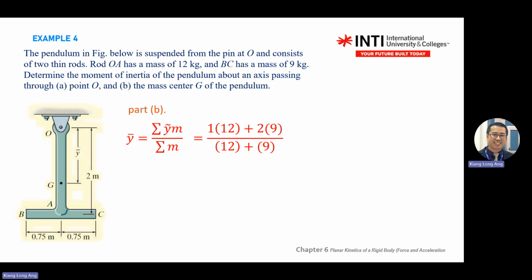Y1. Y1 is, this is 2. Okay, so Y1 is this member, right? This member. Forget about G. If you're given a body, this is your datum.